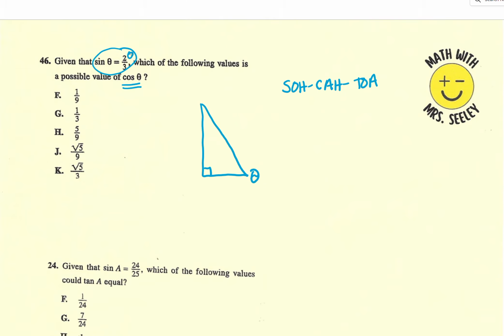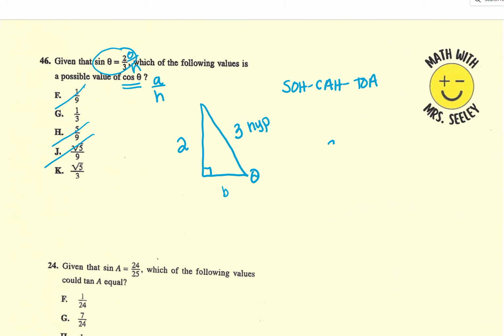Sine is the opposite over the hypotenuse. So that's 2 over 3. I want the cosine, which is the adjacent over the hypotenuse. I know that 3 is my hypotenuse, and it would have to be in the denominator. So once again, I've got it down to a 50-50 guess if that's all I can do, but we can do more. Let's find the missing side right here.